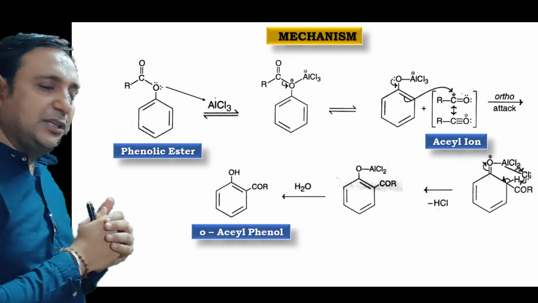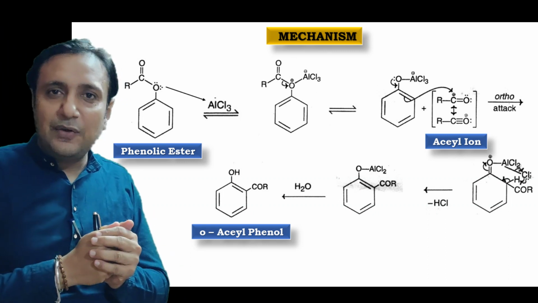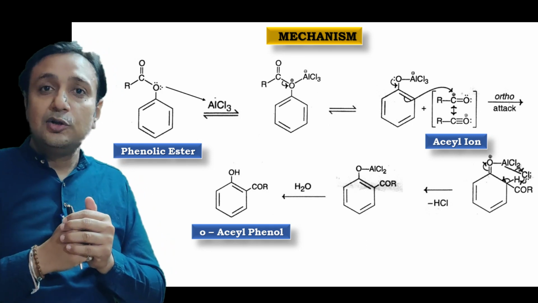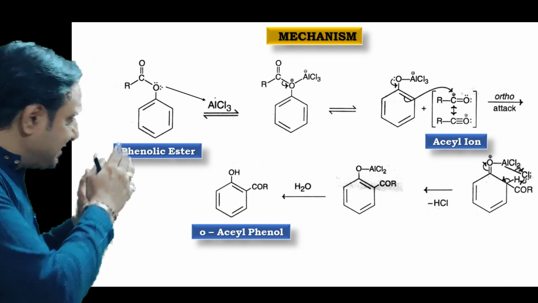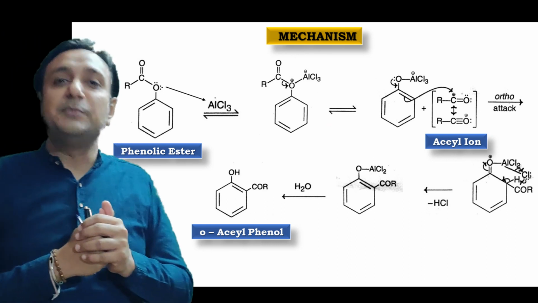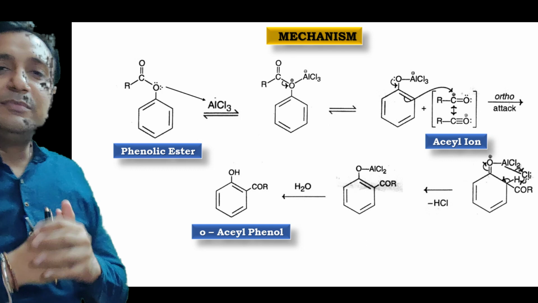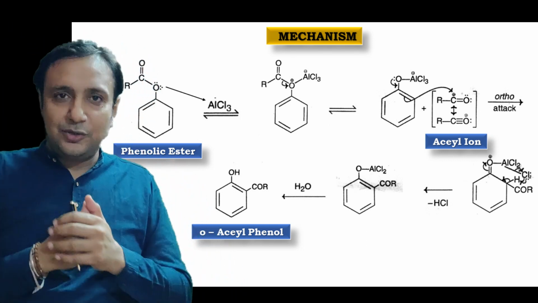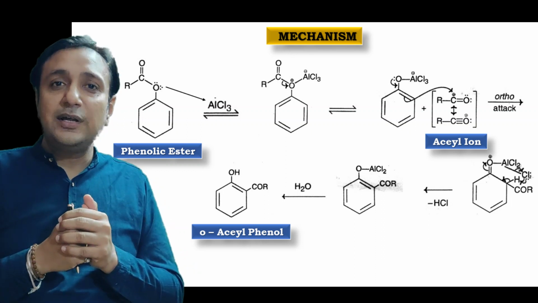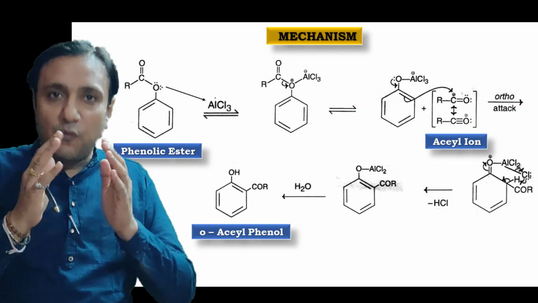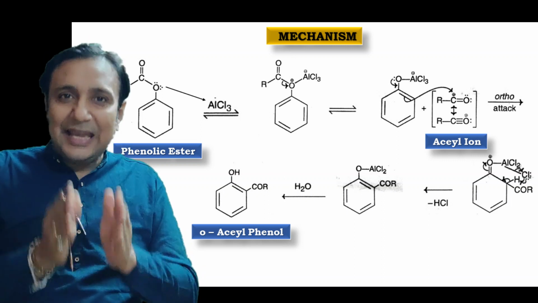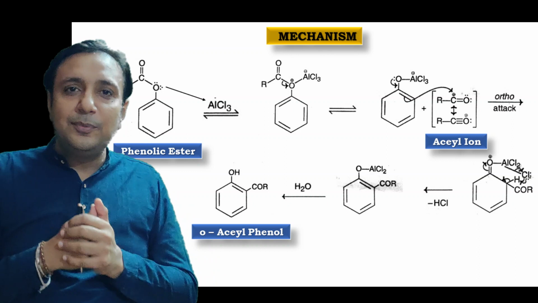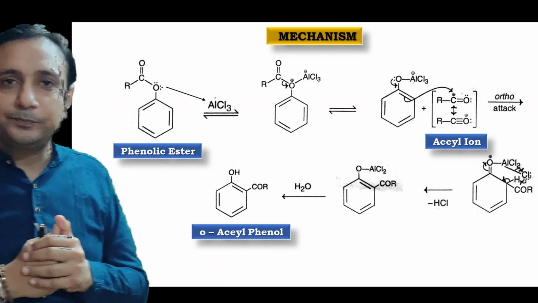So this oxygen will donate one lone pair of electrons to aluminium, because aluminium is a Lewis acid, and it is converted into an intermediate. In this intermediate, oxygen donates its lone pair of electrons, that's why it gets a plus charge, while aluminium gains one lone pair of electrons, that's why the charge on the aluminium is negative.